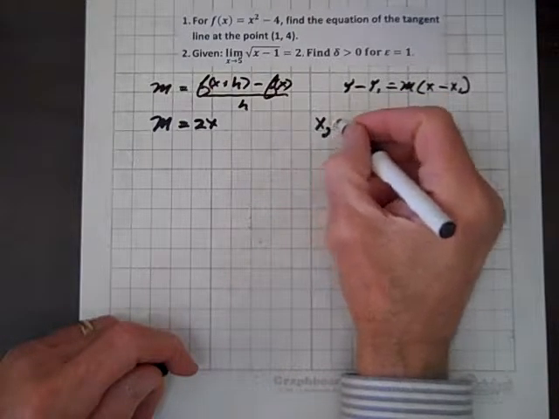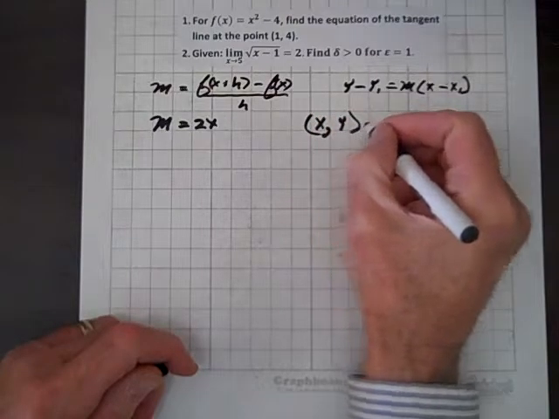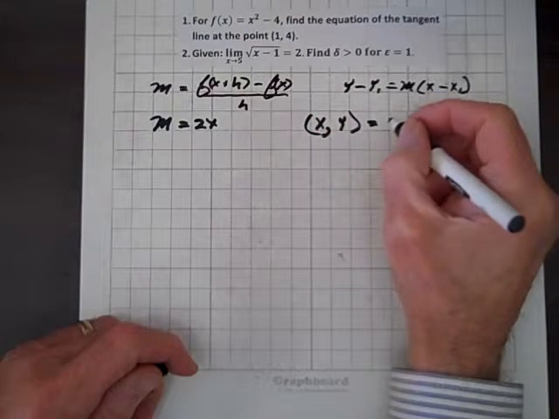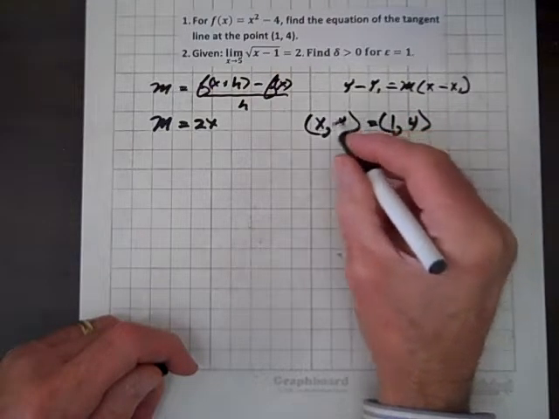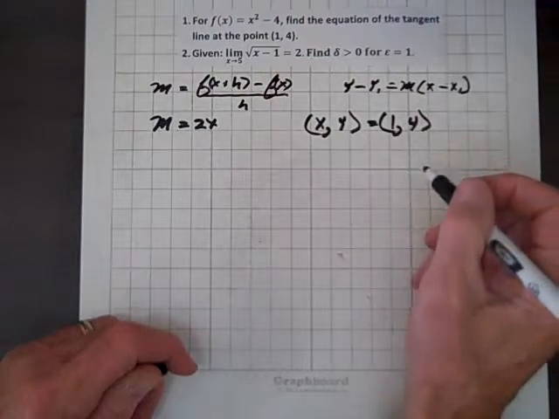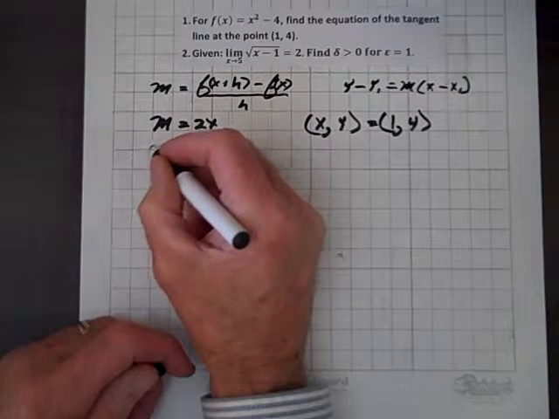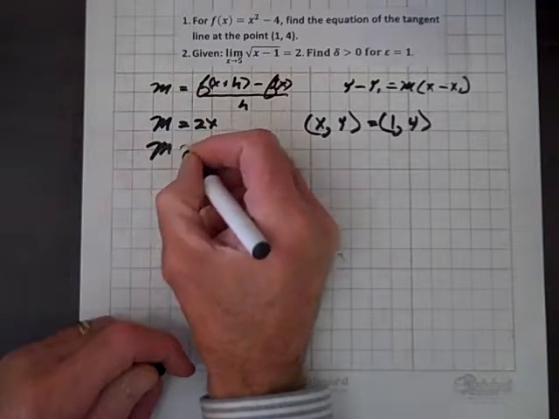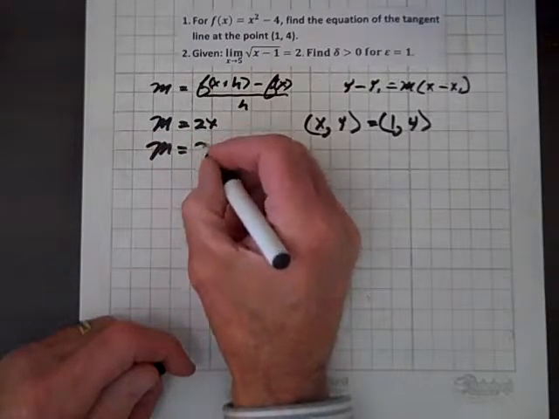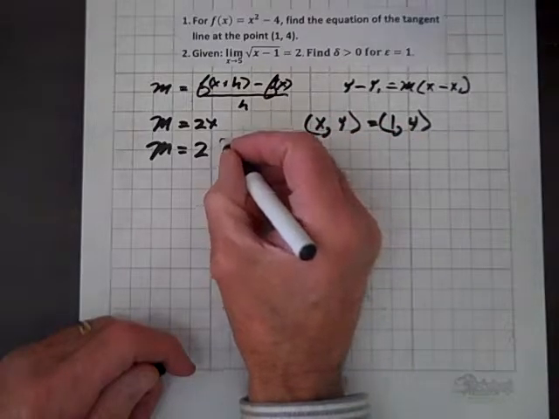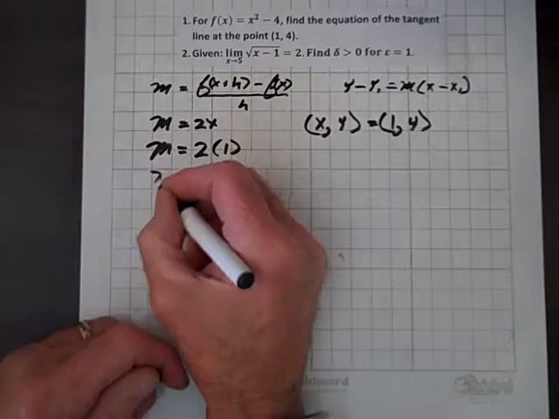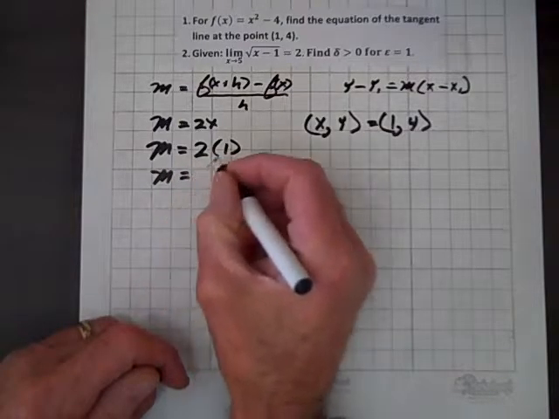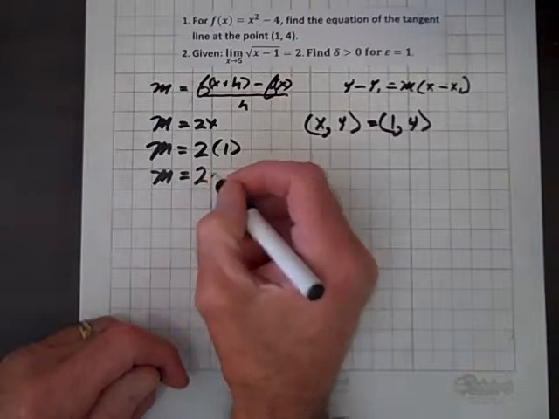And the point we're interested in, (x, y), is (1, 4). So the x-coordinate is 1, the y-coordinate is 4. To find the slope at (1, 4), we'll replace x with 1. So the slope of the tangent line at the point (1, 4) is 1 times 2, which is 2.